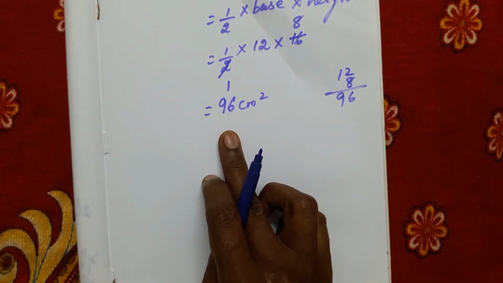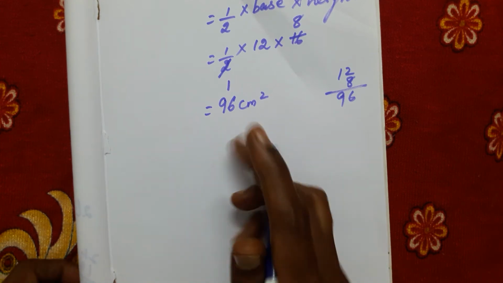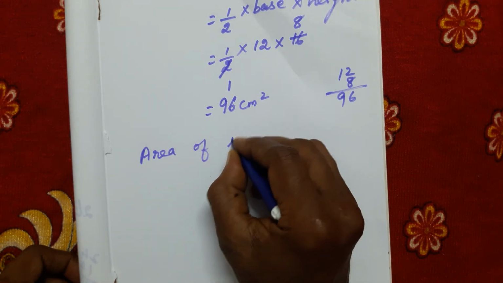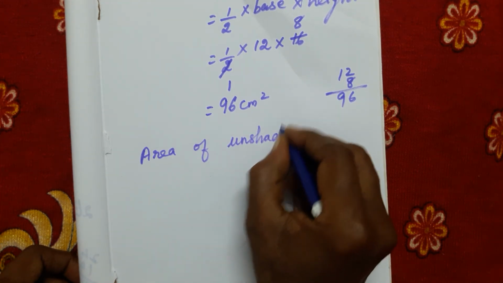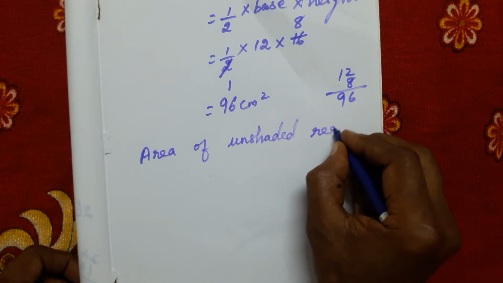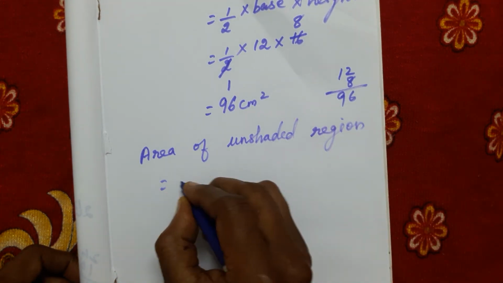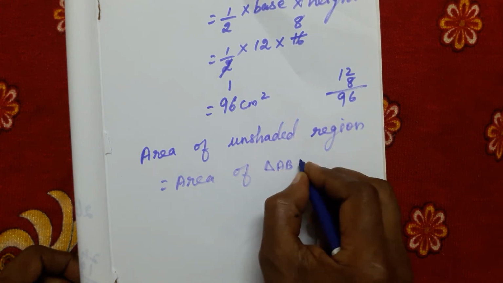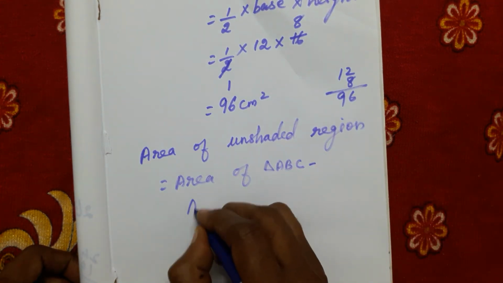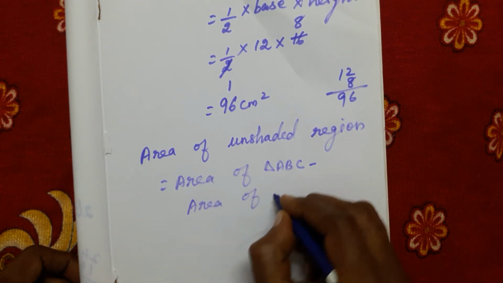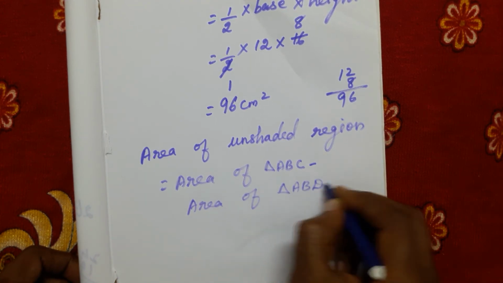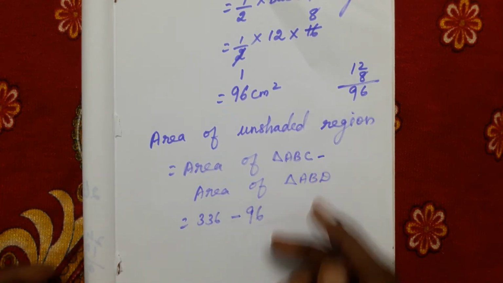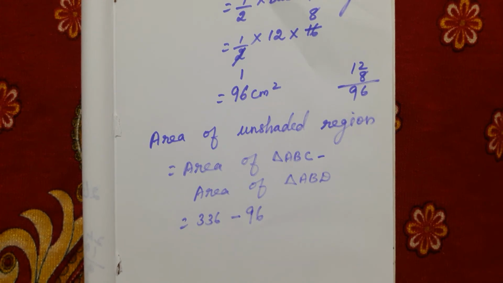Therefore, area of unshaded region is equal to area of triangle ABC minus area of triangle ABD, which is 336 minus 96.